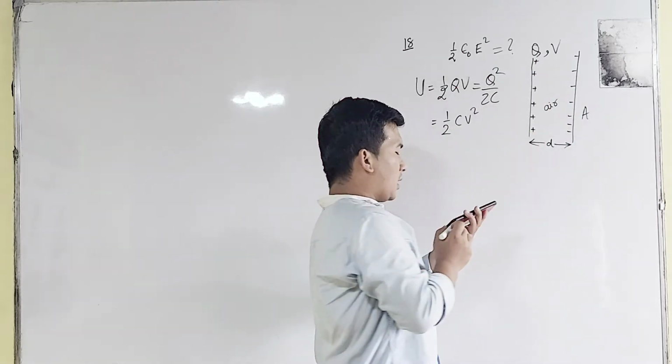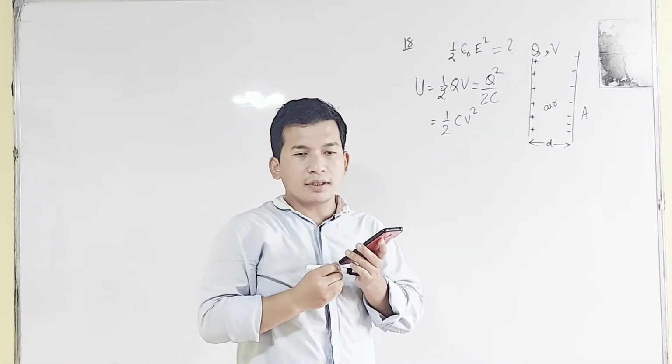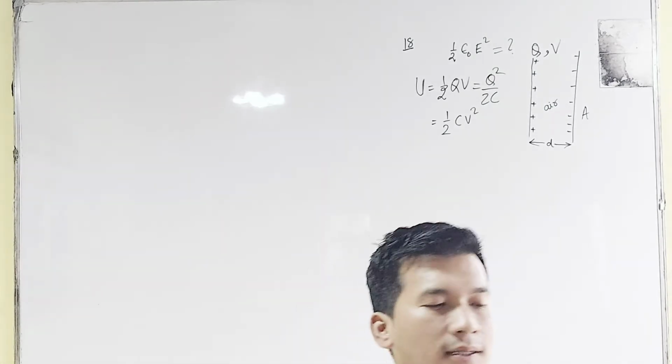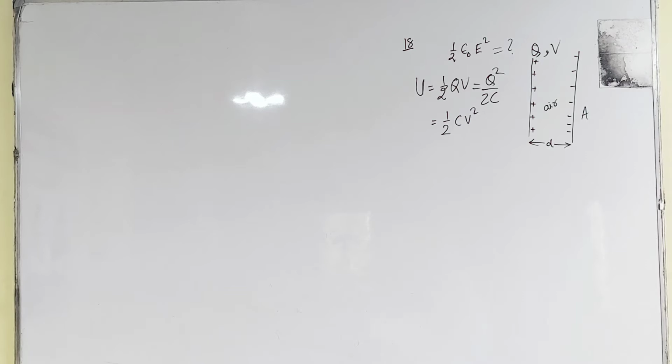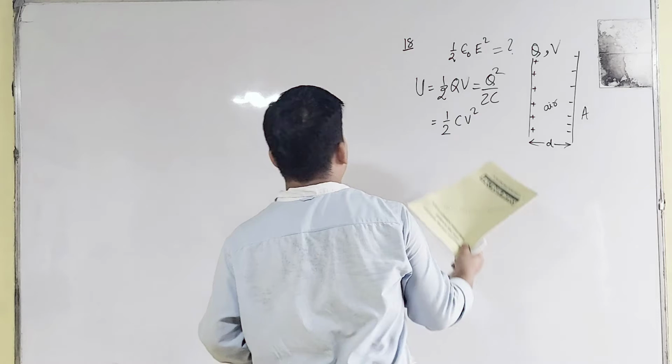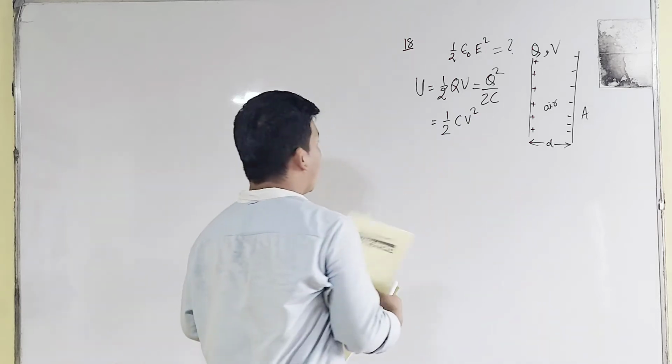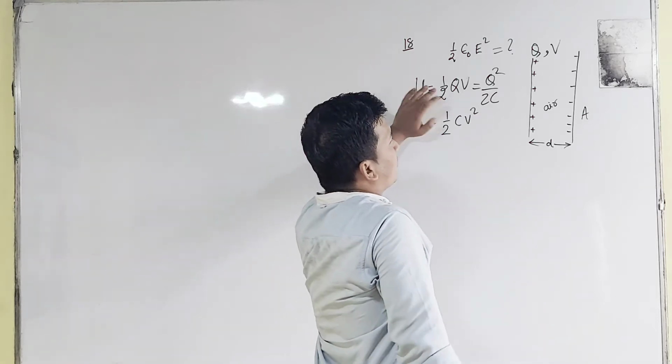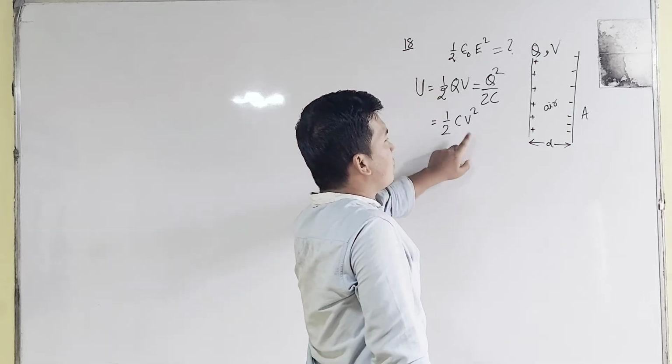So if we are to find the total energy stored in this capacitor, its expression can be written in three different forms: QV, Q square by 2C, and half CV square.